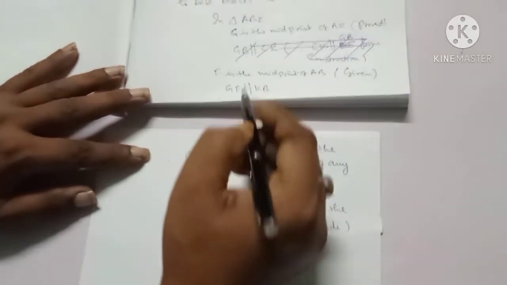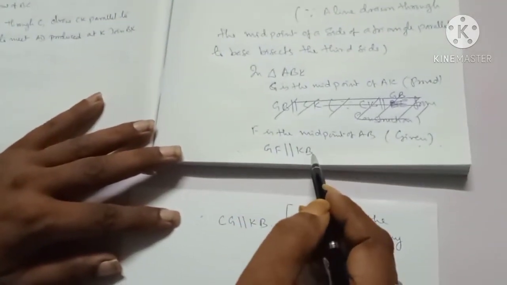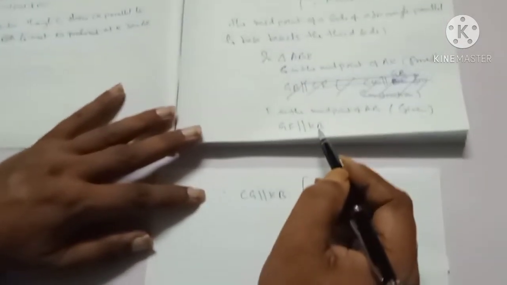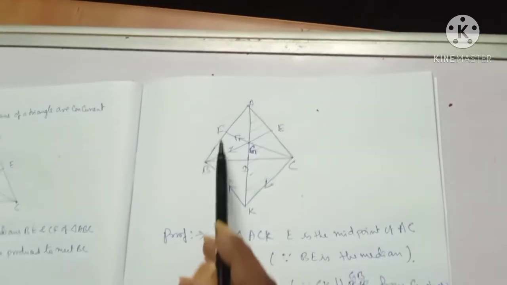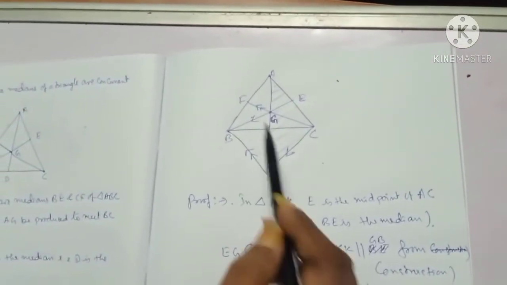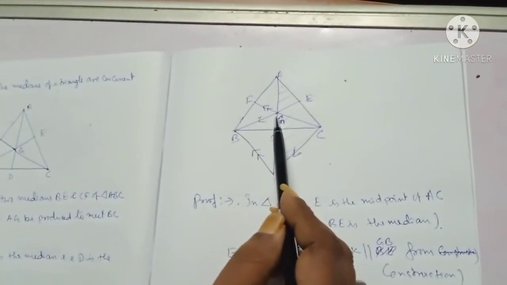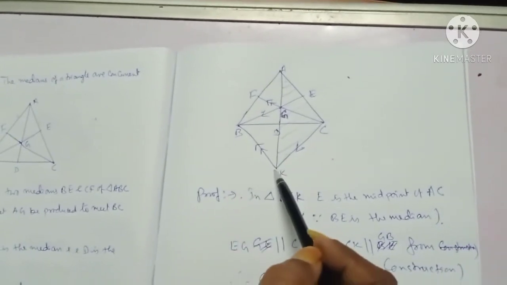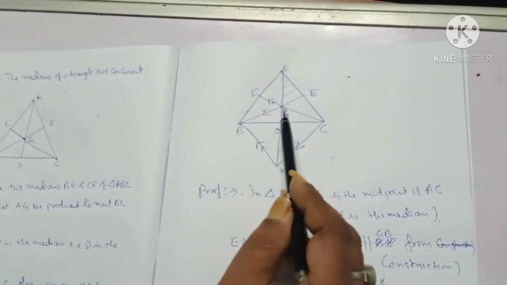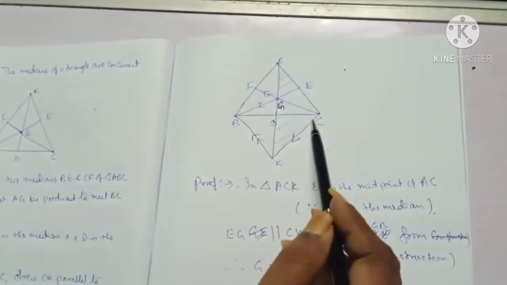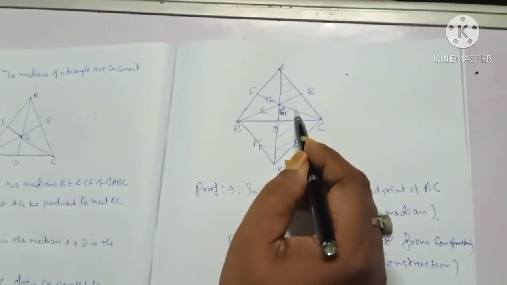So therefore GF is parallel to KB, because G is the midpoint of AK and F is the midpoint of AB. In triangle ABK, these two are the midpoints, so this is parallel to this.